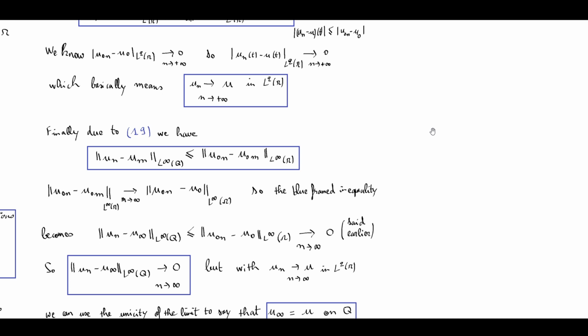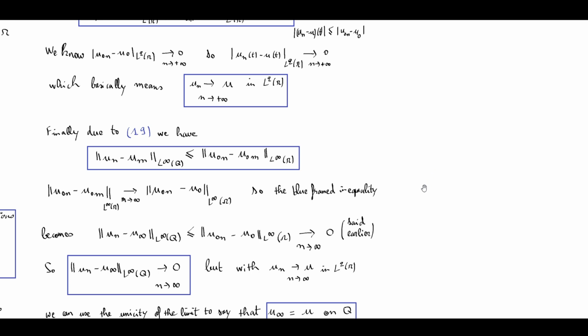And we do so that m tends to infinity. We obtain that the L infinity norm on omega of u0n minus u0m tends to the L infinity norm on omega of u0n minus u0.